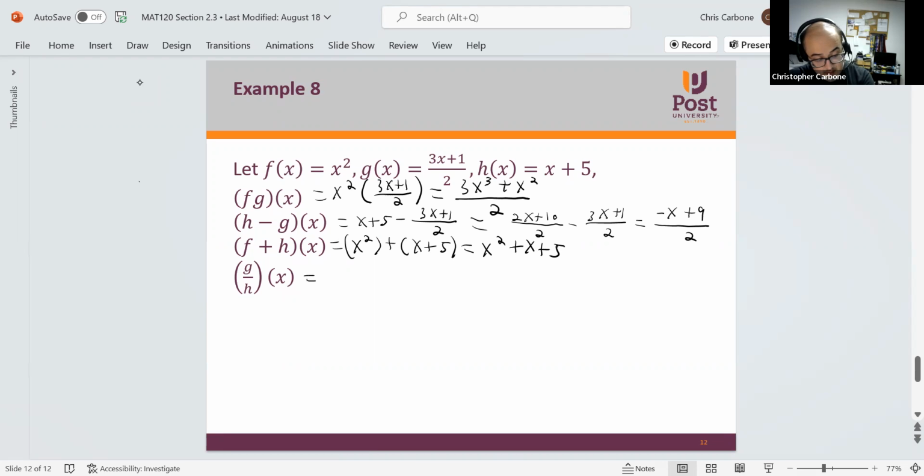For g divided by h of x, this would be 3x plus 1 divided by 2, all divided by x plus 5. We can flip this fraction just so we don't have the double fraction to be 3x plus 1 divided by, this would be 2 times x plus 5, so 2x plus 10.